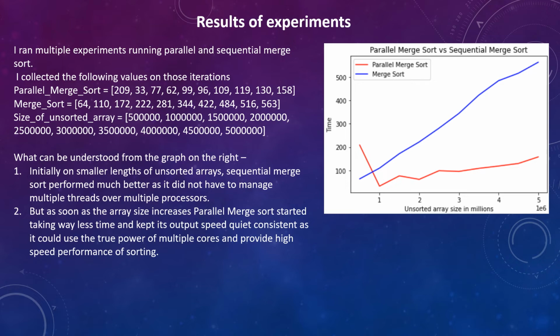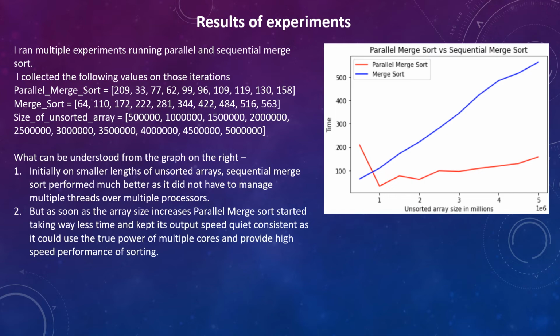But as soon as the array size increases, parallel merge sort started taking way less time, and it kept its speed quite consistent, as it could use the true power of multiple cores and provide high-speed sorting performance. As we now understand, we can use the power of multiple cores and multiple logical units together.